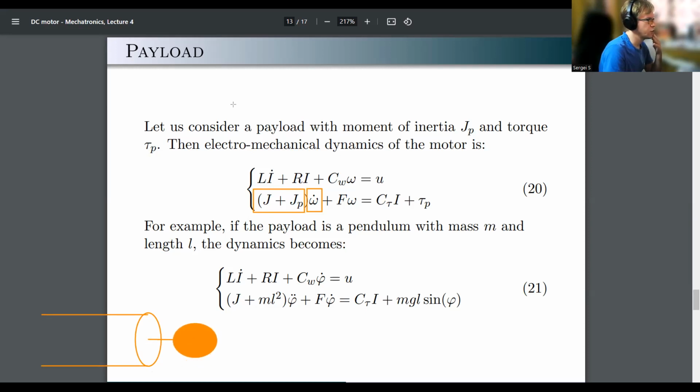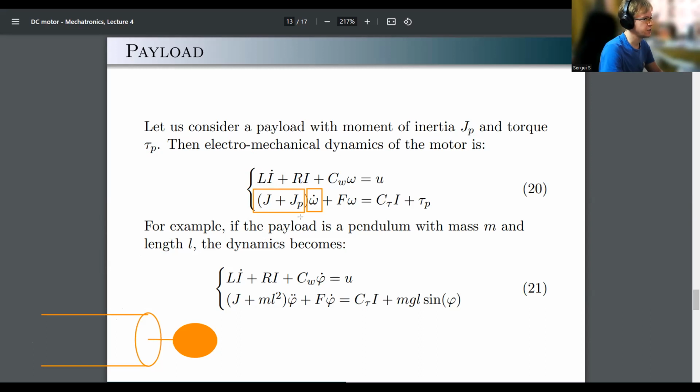You can say that total moment of inertia is the sum of the moment of inertia of the motor itself, so the shaft, for example, anything that moves inside the motor, plus the payload, right? It makes sense. Everything that moves contributes to this inertial property of the system, right? And somehow this is represented here by summation. Okay, we'll be more accurate in a few slides.